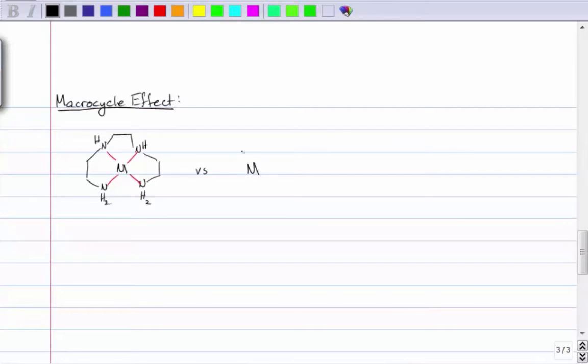So I'm going to talk right now about a macrocycle effect. If you compare a metal ion that has something like this, just draw. So I'm going to draw a square planar metal complex versus a metal complex that is very similar, yet the ring is closed.